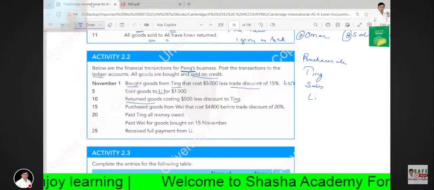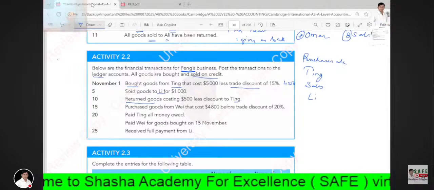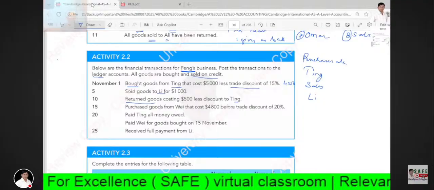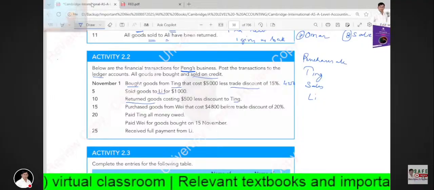Who is Ting? He is a supplier. So we are returning goods. Returning means those goods only which we have purchased will be returned.